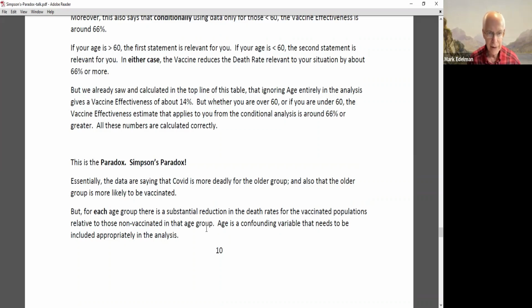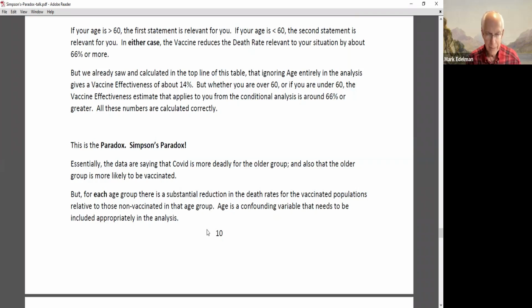I just want to mention that there was other news, a month or two ago from Israel, from that data. It was concerning whether the boosters reduced the severity of disease.